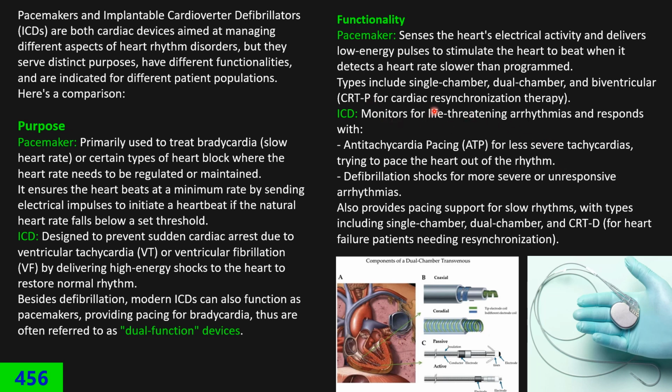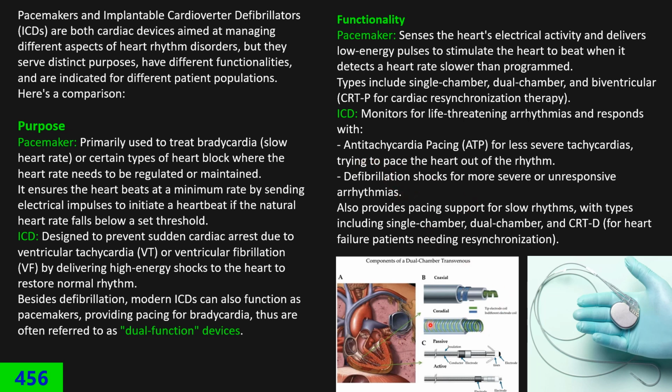Depending on the type and method we use, each of them can have one wire, two wires, or three wires. Three wires are used for resynchronization: two leads go to the right and left ventricle and one to the right atrium. Most of them have two wires.